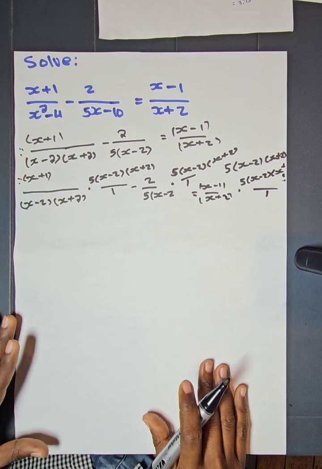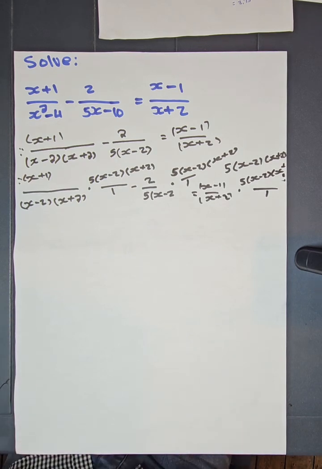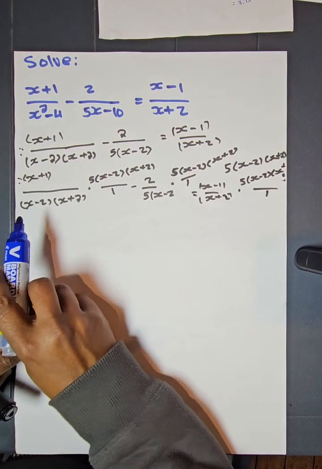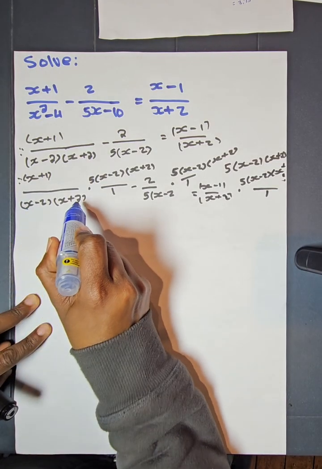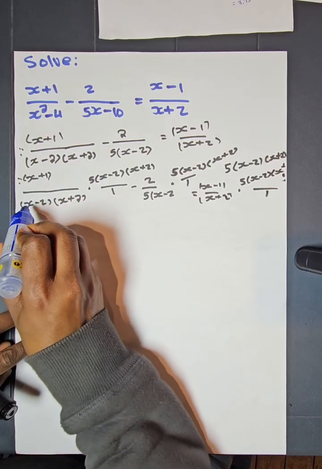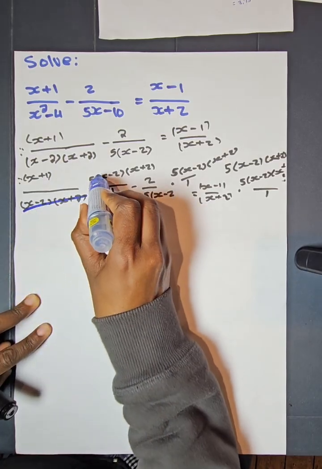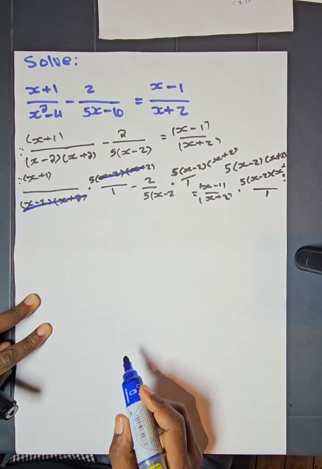Now we need to cancel out all the common or identical factors. On the first term, I can cancel out (x − 2) and (x + 2), these two brackets. Well done.